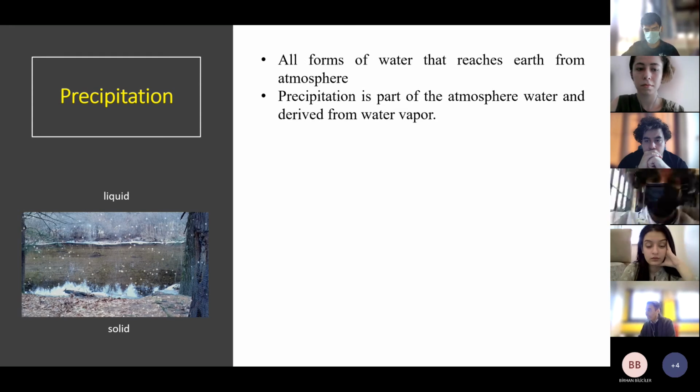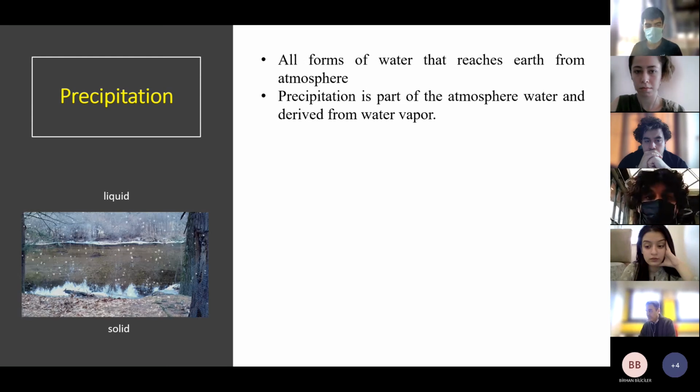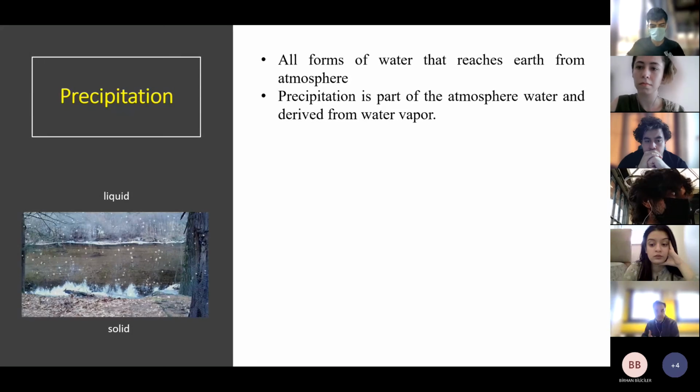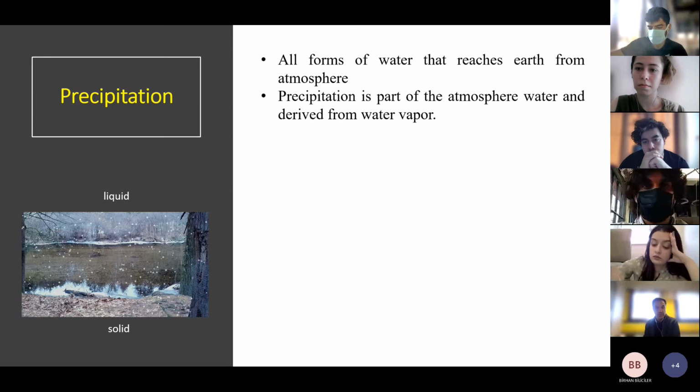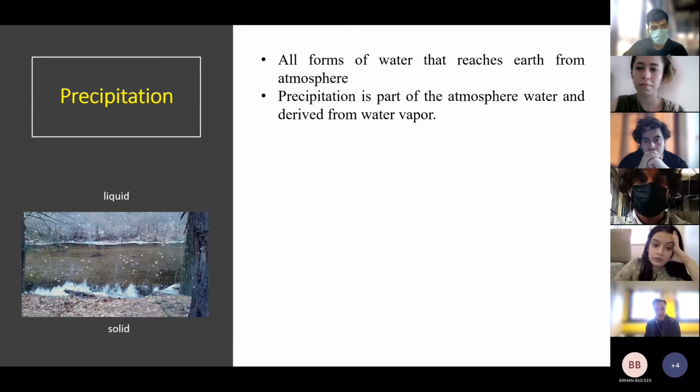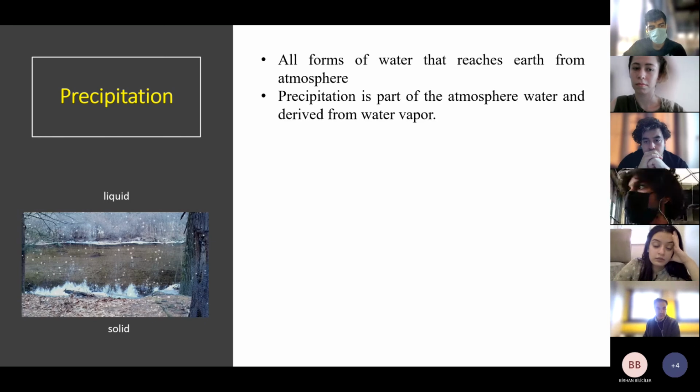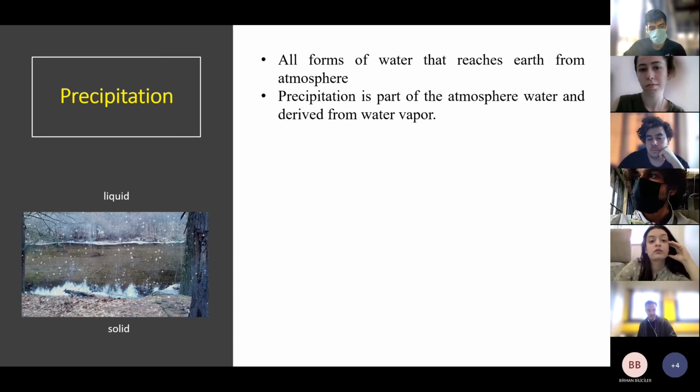All forms of water that reach Earth from the atmosphere are called precipitation. It is part of atmospheric water and derived from water vapor. Water vapor is a gas. When it transfers to the shape of liquid or solid, and comes down to arrive at the ground, it is called precipitation.